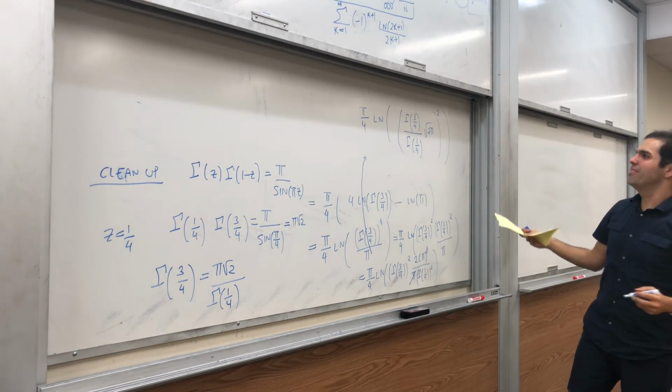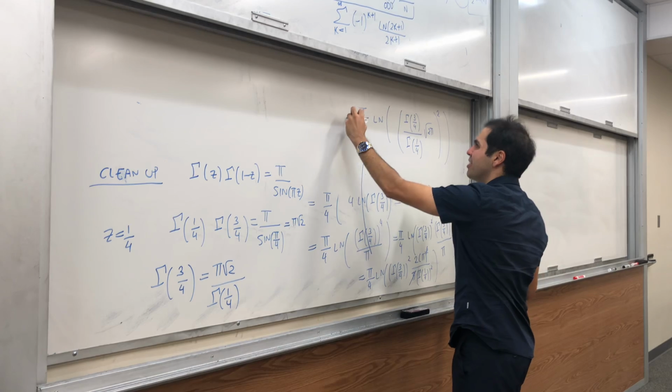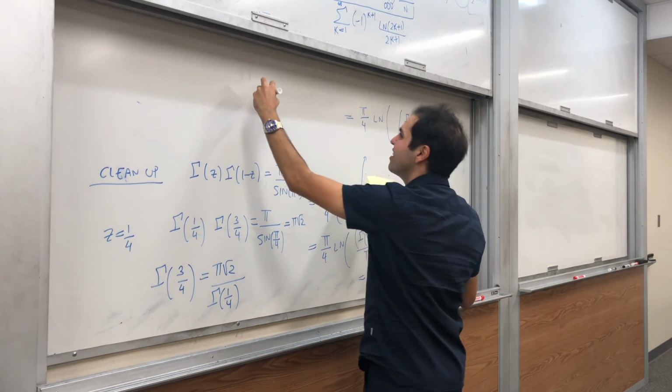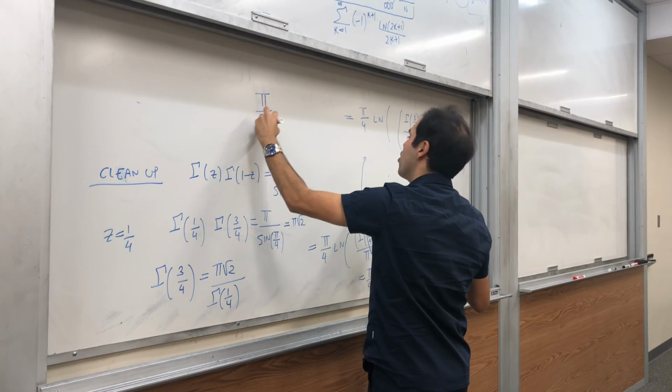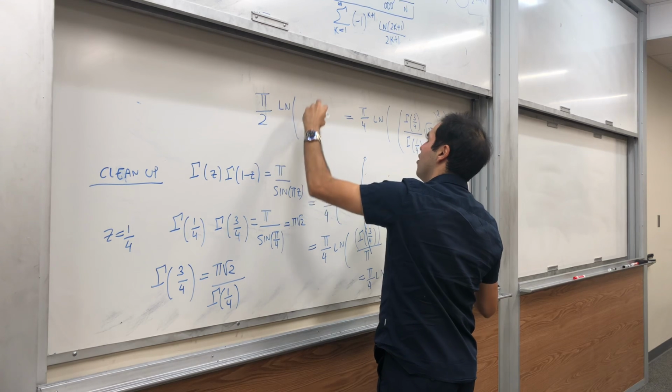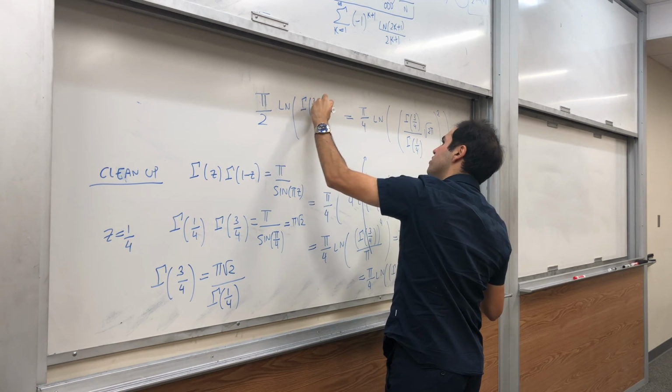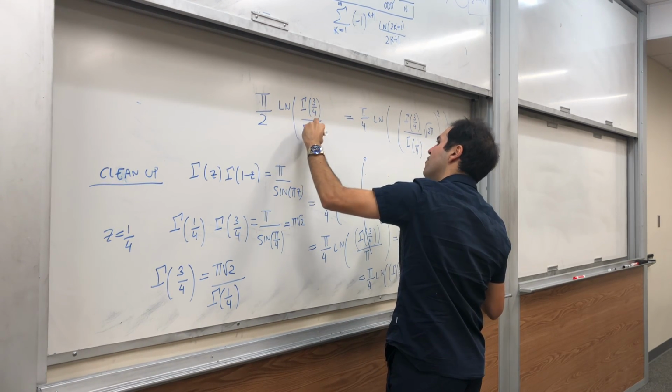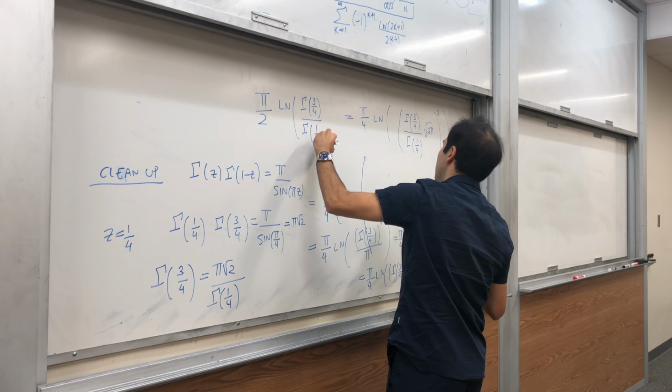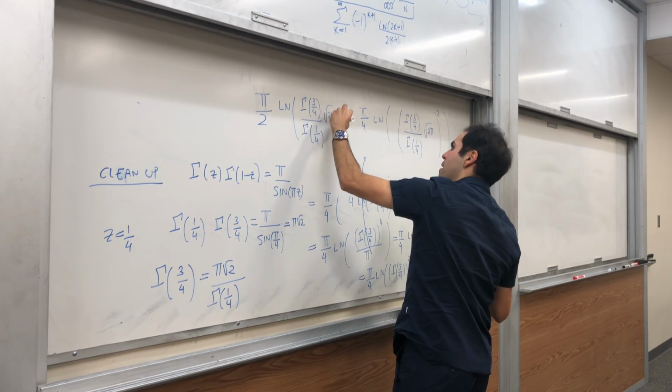Which, last simplification, I promise, you can write in the way that I saw it, at least in the answer, pi over 2 ln of gamma of 3/4 over gamma of 1/4 times square root of 2 pi.